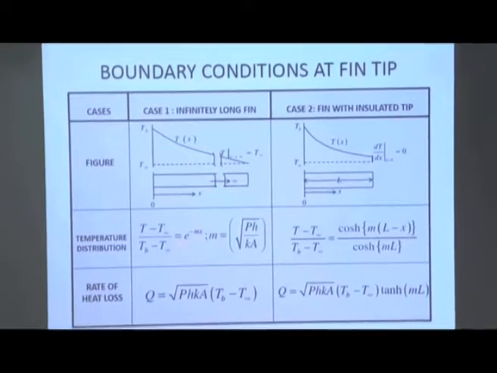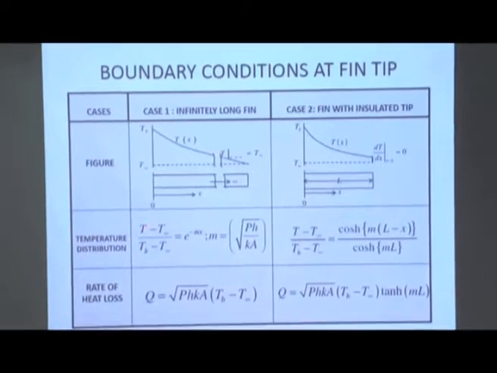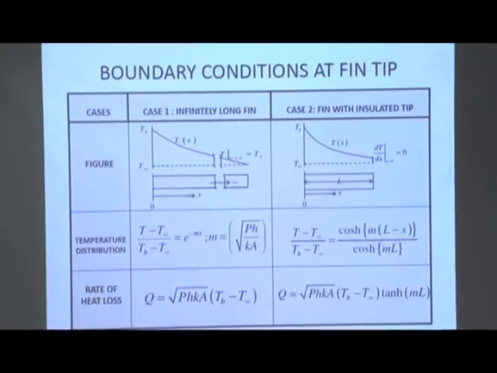In that case, our temperature distribution is exponentially decreasing: (T minus T infinity) over (Tb minus T infinity) equals e to the power minus mx, where Tb is the base temperature and T is the temperature at any section x. So at x tends to infinity, it is T infinity. So the curve goes to T infinity.